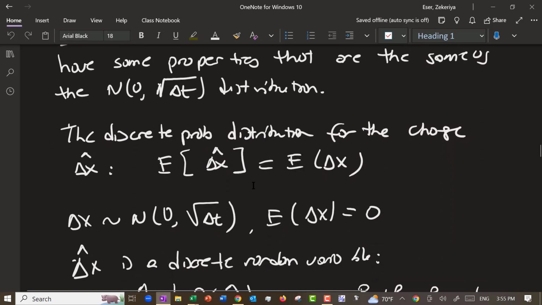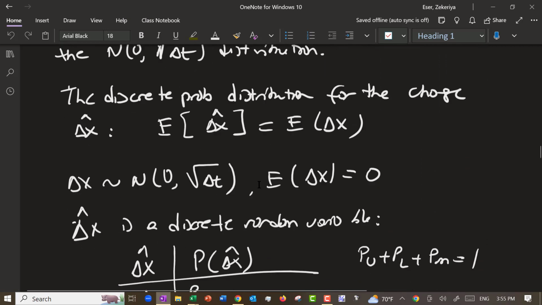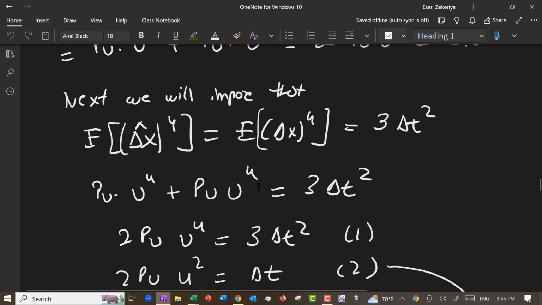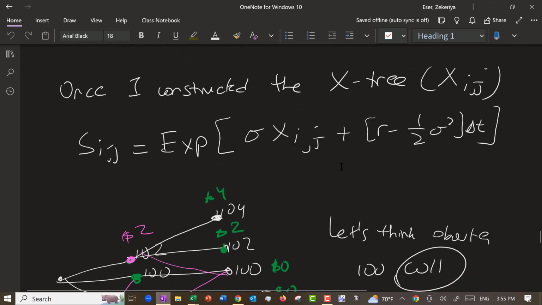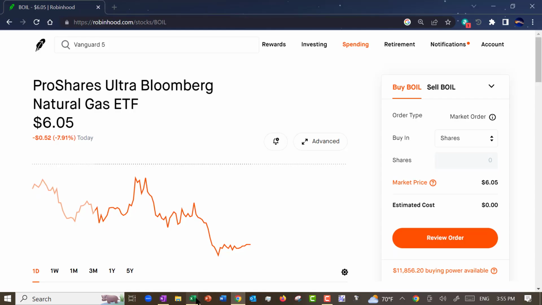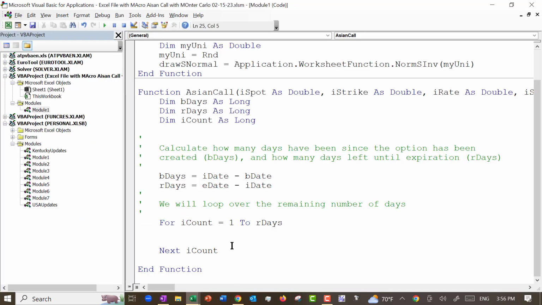Once I have the X's, S is simple. That's going to be actually multiplied by T instead of delta T. That's all I need to do. So let's do that first.